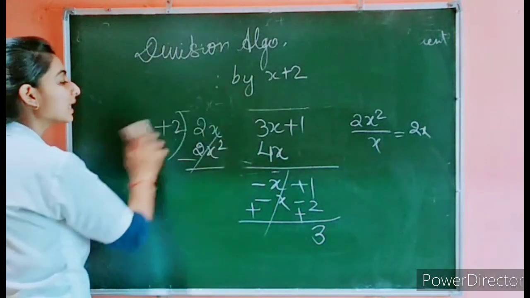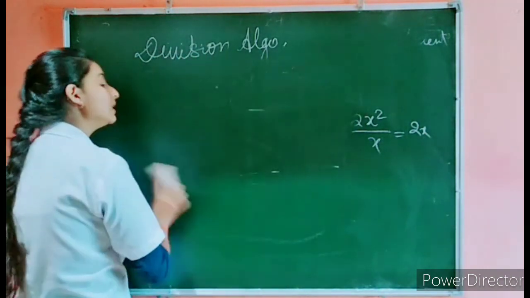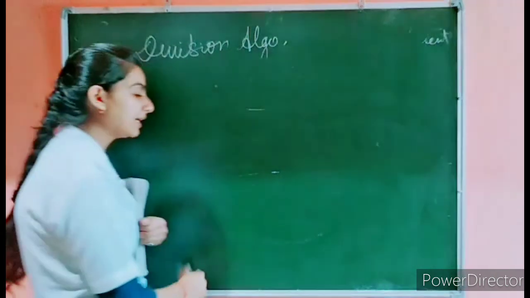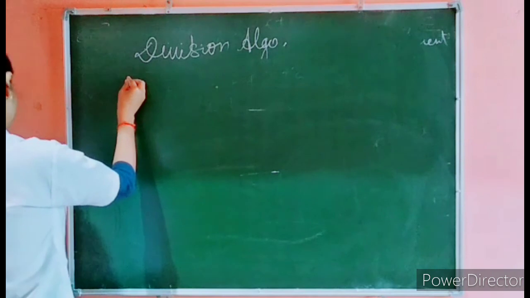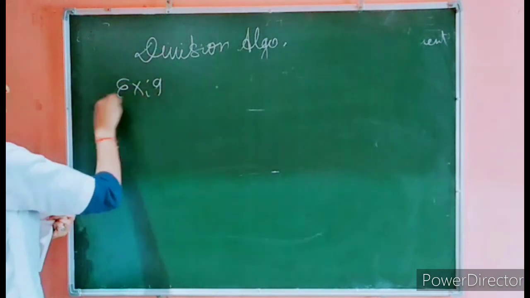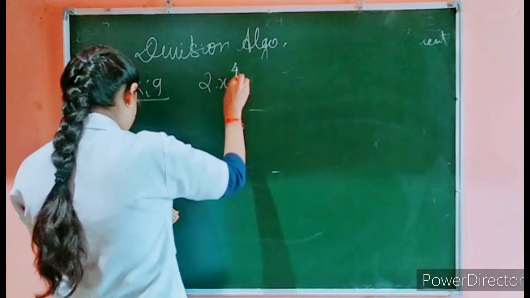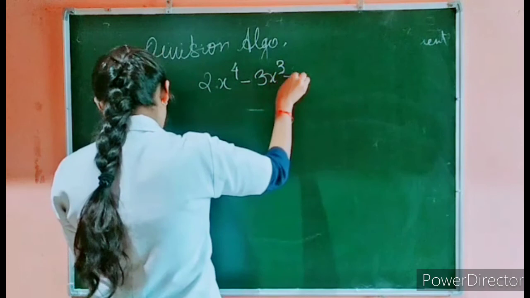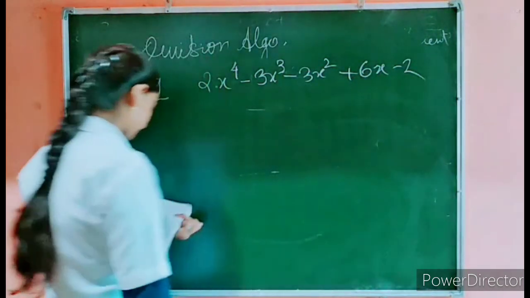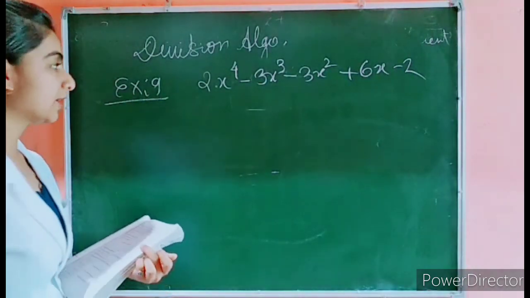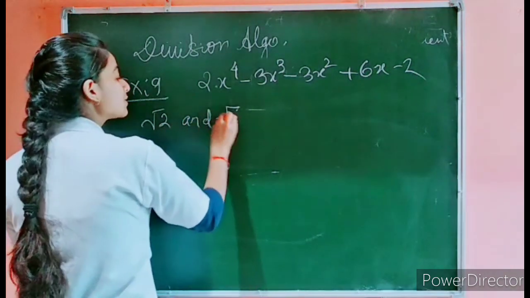Now if the zeros are given and we have to divide the equation, then how we will form that equation and divide, we will see. Now example number 9. Find all the zeros of 2x power 4 minus 3x cube minus 3x square plus 6x minus 2, if you know that two of its zeros are root 2 and minus root 2.